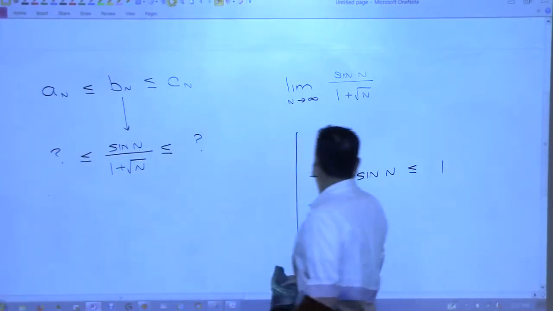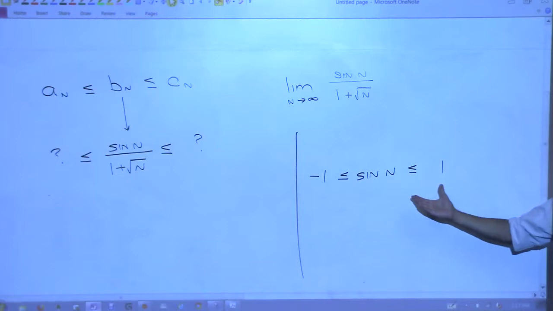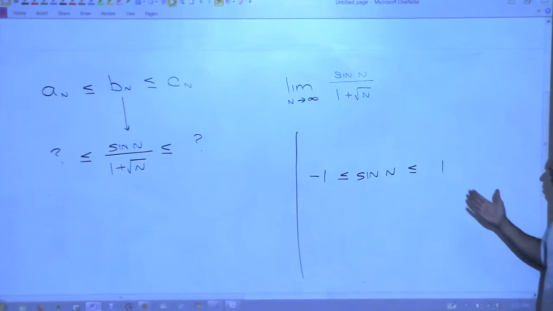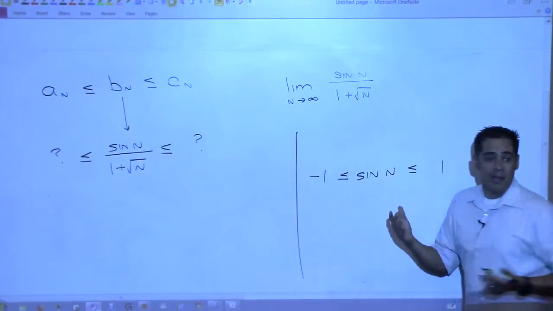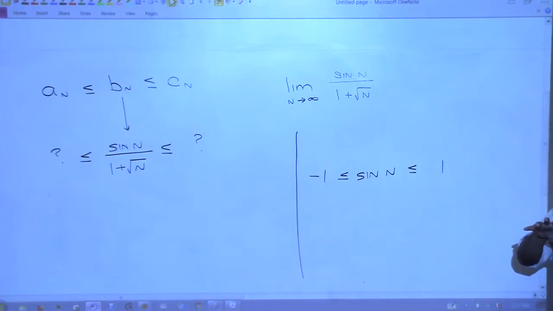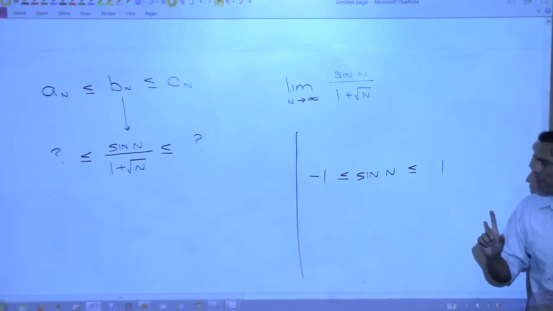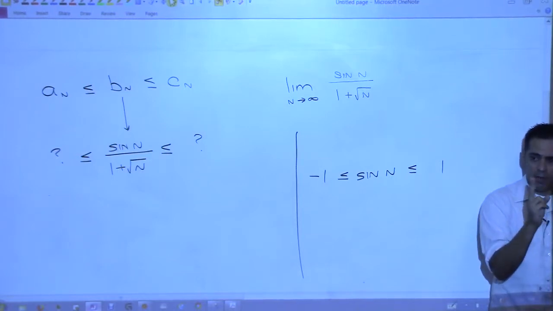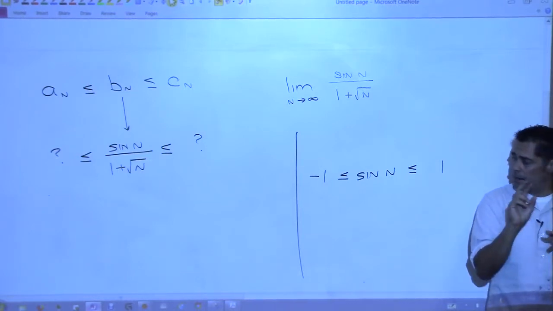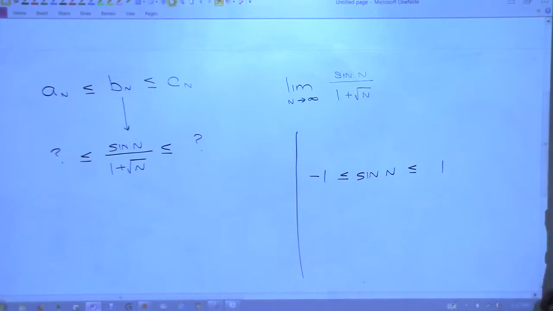I know this inequality is true just because I took pre-cal. I also know that I can always take inequalities and divide by numbers. The only thing I have to be careful about is when you divide an inequality by a negative number, the inequality flips. Do you remember that?